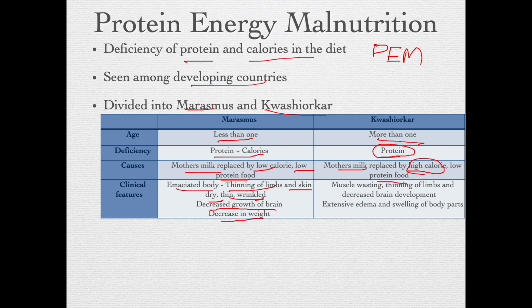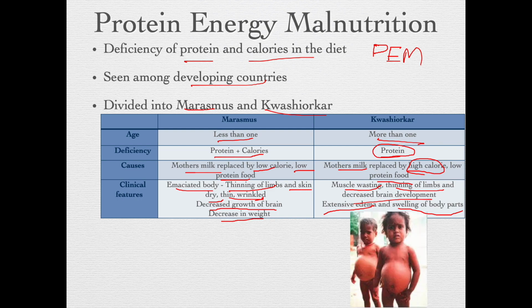The clinical features of kwashiorkor are very similar to marasmus. There is muscle wasting, thinning of limbs, and decreased brain development. The major difference here is that the child has extensive edema, wherein there is accumulation of fluid in body cavities, and this can sometimes lead to swelling of the body parts.